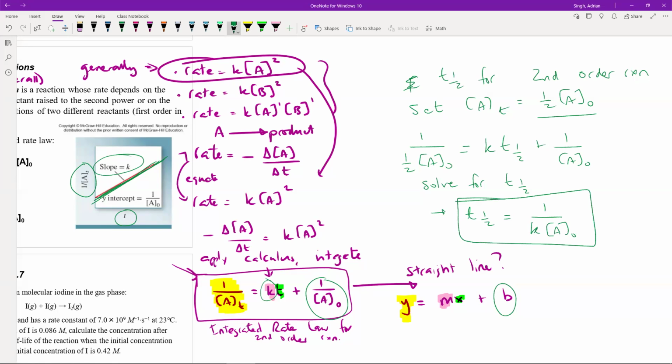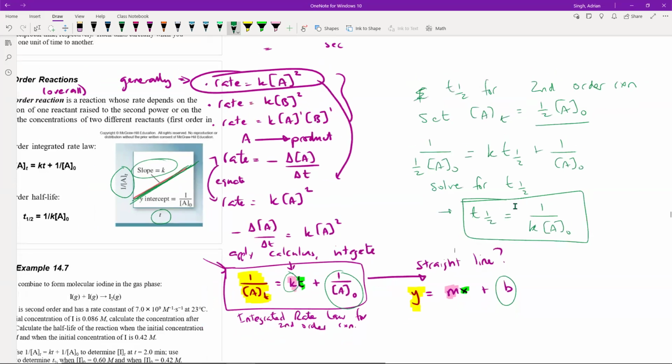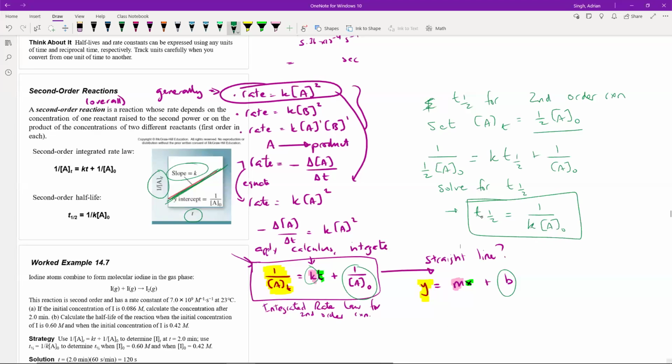So what we actually see is that for a second order reaction, the half-life actually does depend on the initial concentration. And that was not the case for the first order reaction. We saw that the half-life was independent of the concentration.